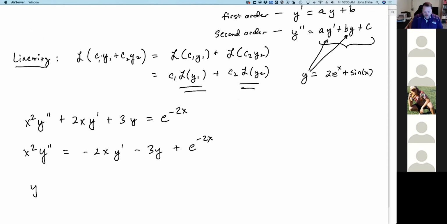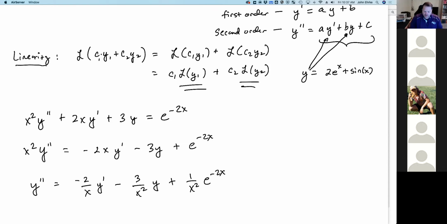I'm then going to divide by x squared. So if I divide by x squared, I would get minus 2 over x, y prime, minus 3 over x squared y, plus 1 over x squared e to the minus 2x.